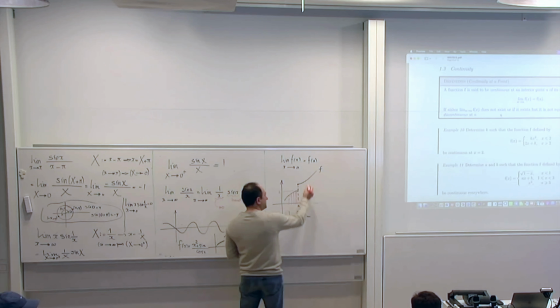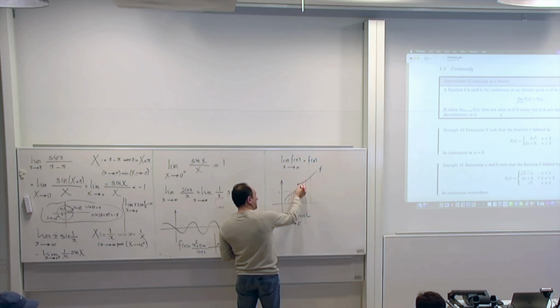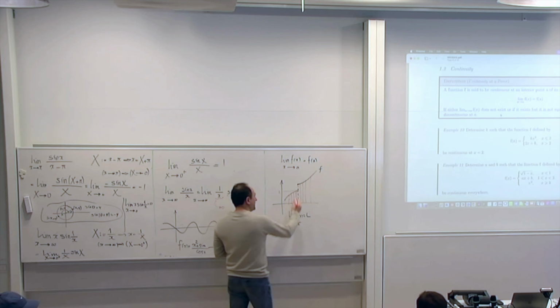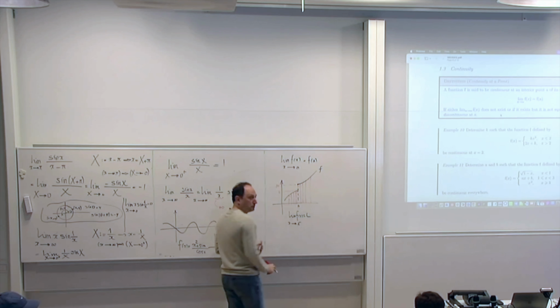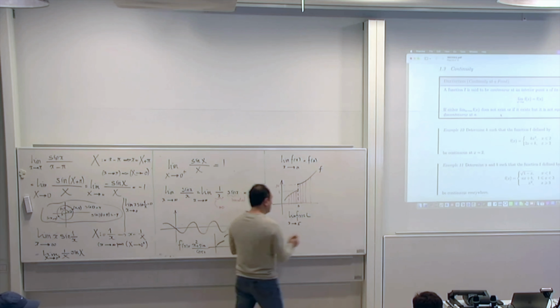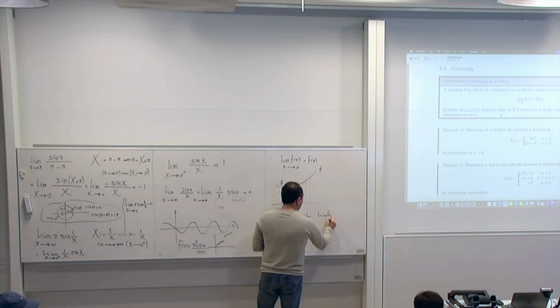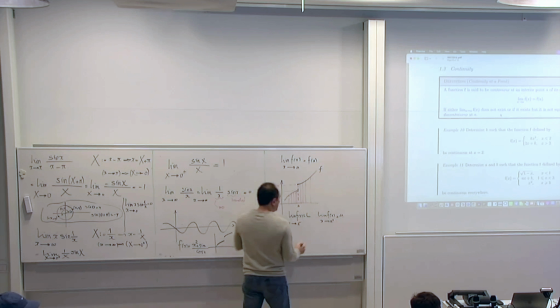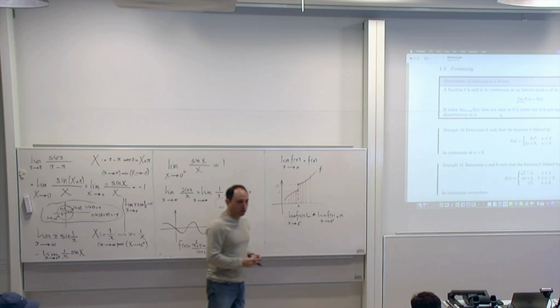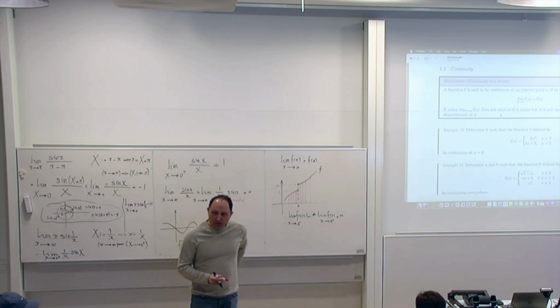I get closer and closer, every time this length is shortening, but it will stabilize around M. So the limit of f of x when x goes to a from the right is M. And you see that they are not equal, so the limit does not exist.